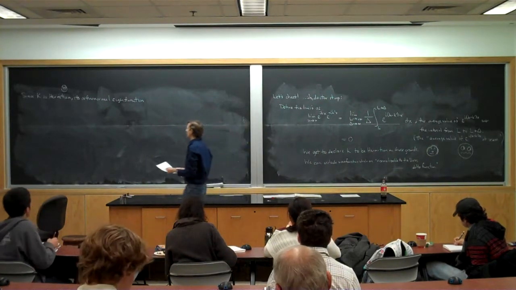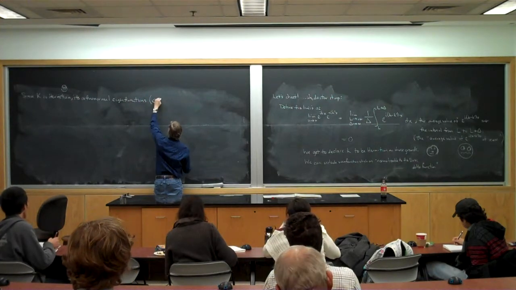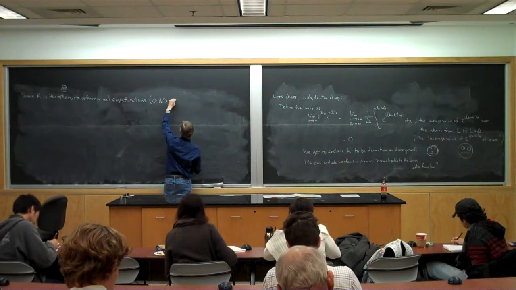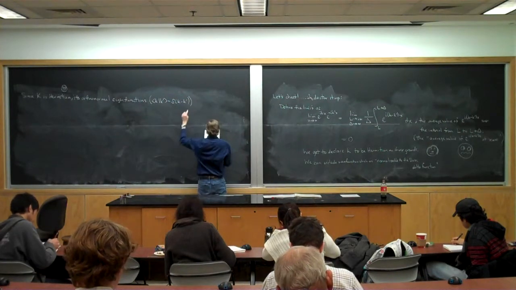The inner product of k with k' is delta of k minus k'. That's what I mean by orthonormal in this sense.